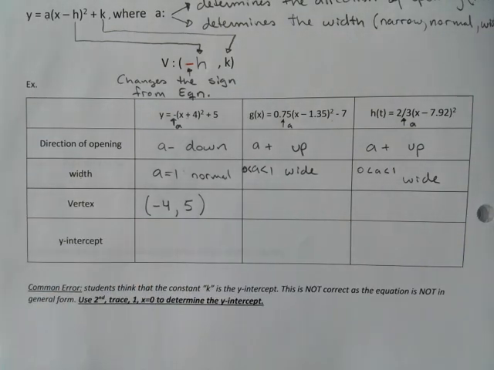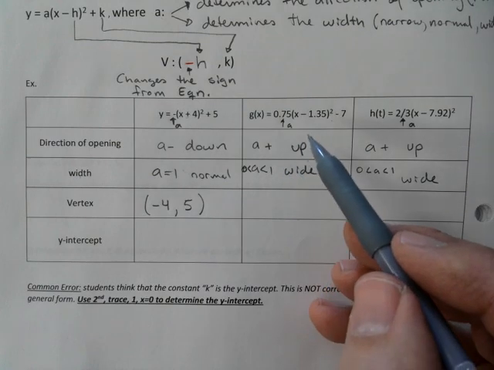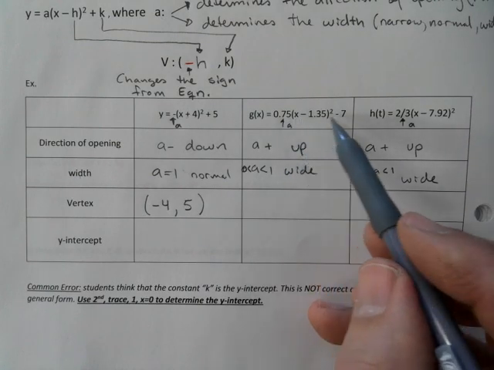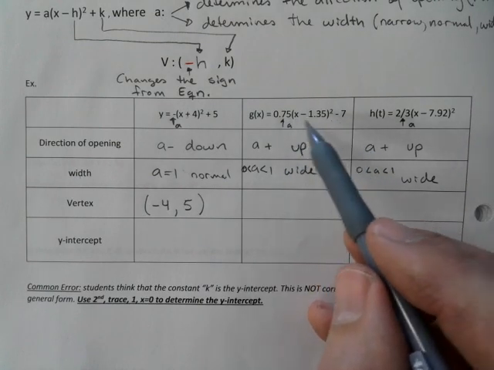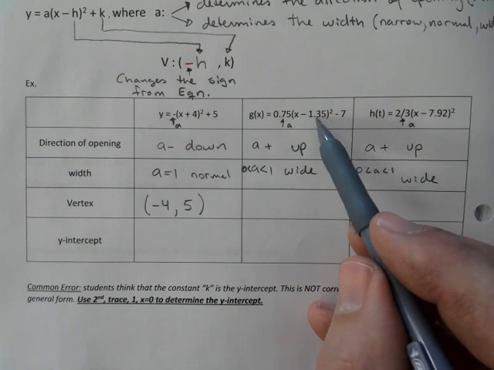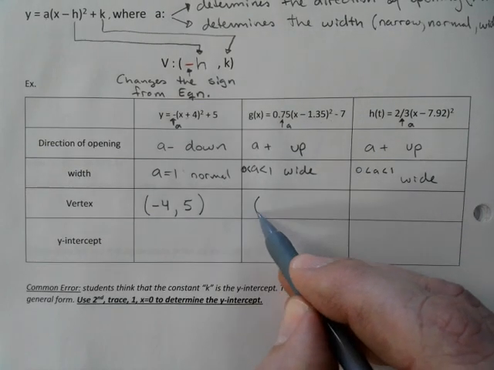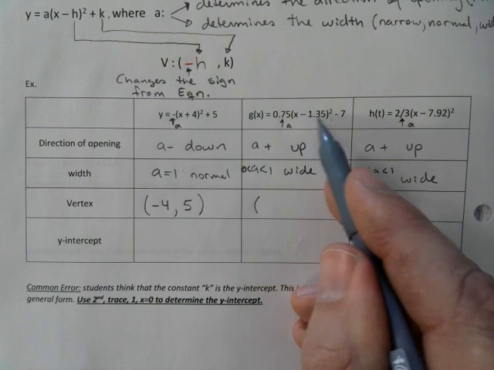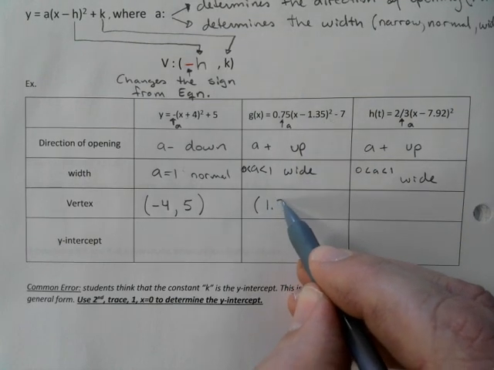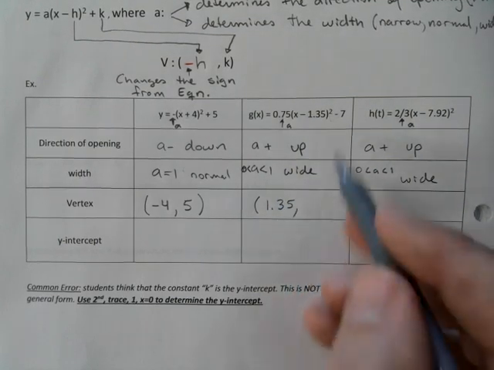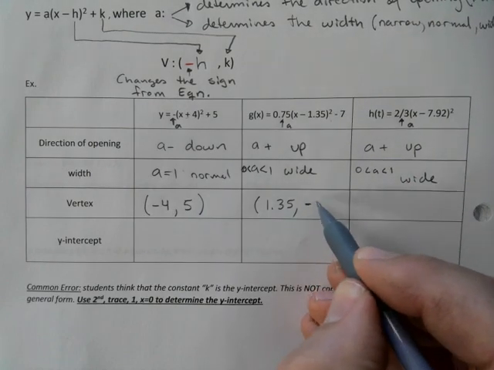But for now, you just have to trust me for this part of the lesson, okay? So again, this is vertex form. I don't need my calculator to figure out the vertex. I know it's not -1.35, it's going to be 1.35, -7.